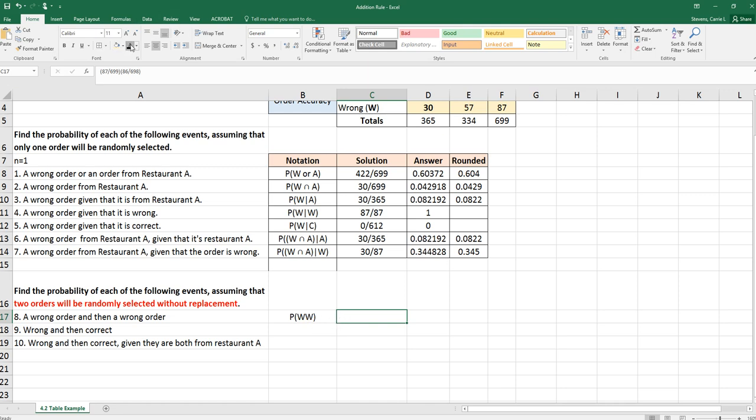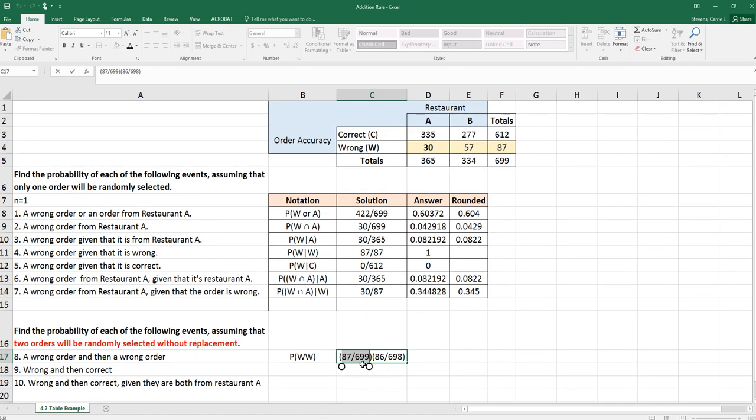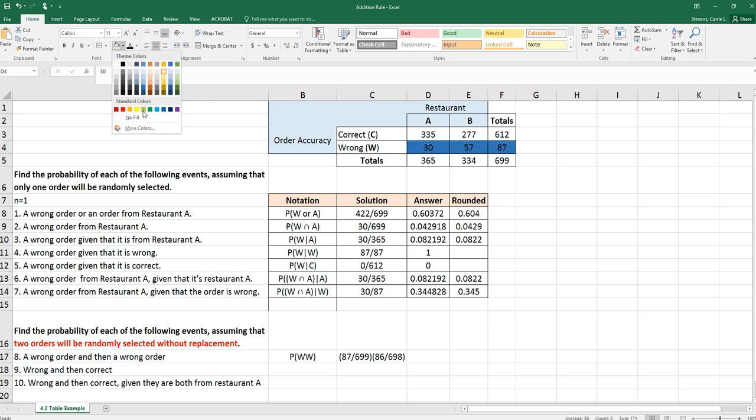which I'll just show you the solution. So you can see that right here, this is the probability of getting a wrong order on the first try. So I select one order, and there's a total of 699 orders. 87 of them are wrong. I'm just going to clear this out. Okay, so what I was looking at is the total, 699.